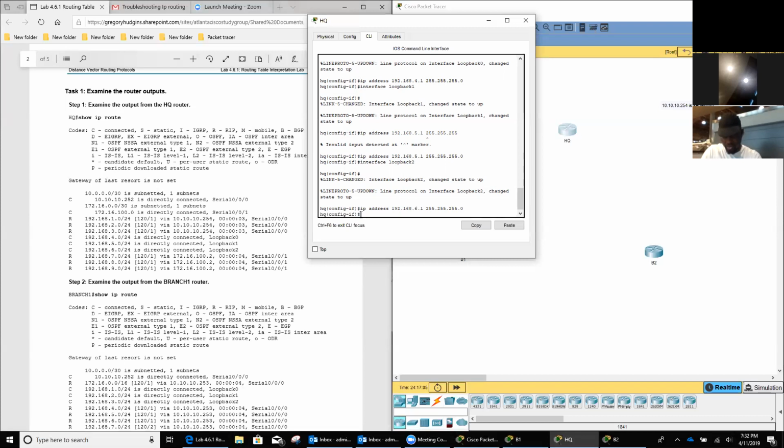Exactly. So what I'm saying is, does it go to headquarters, or how do we decide to put it on the left or the right side? The way we decide that is we have to look at the other two routers and see which one matches. Obviously headquarters has two interfaces. One goes to one of the branch routers, another goes to the other branch router.